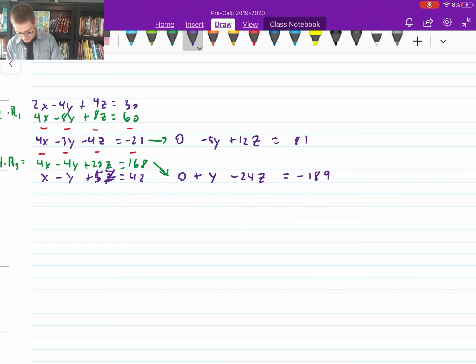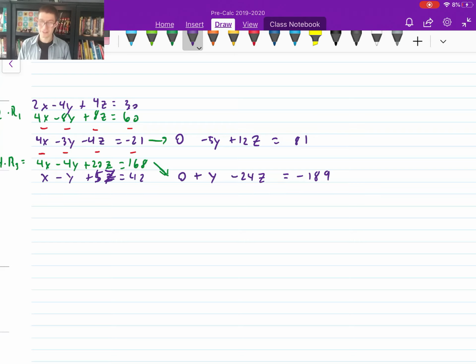Okay, so that's that. Now I'm going to find a way to eliminate that y at the bottom. The best way to do that is to work with the equation that's directly above it. We've got 0, negative 5y, plus 12z equals 81. If I want to line them up as best I can, I can multiply the bottom by 5.